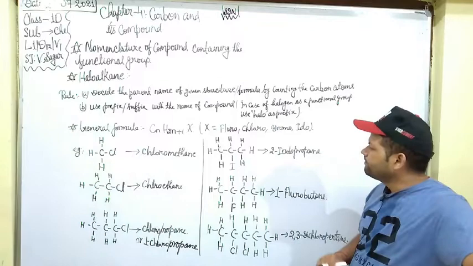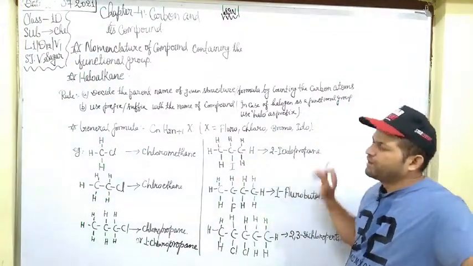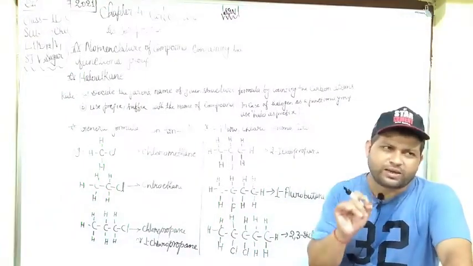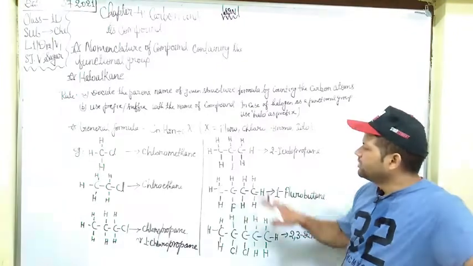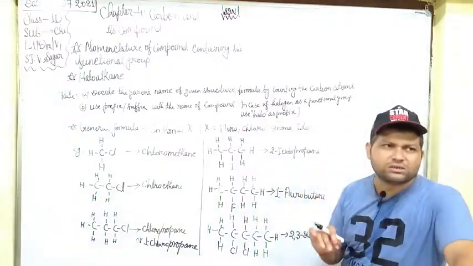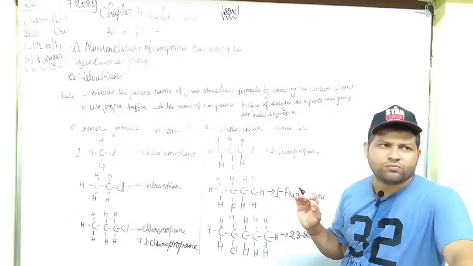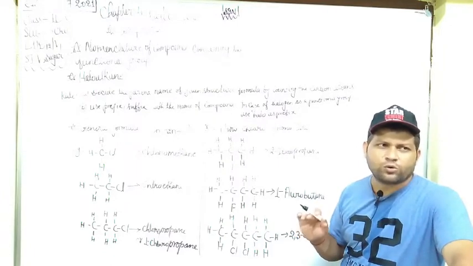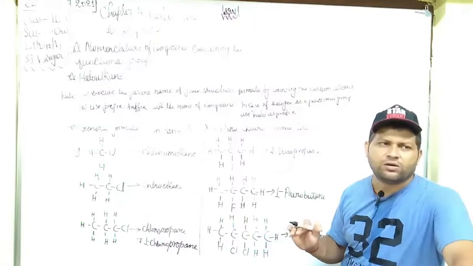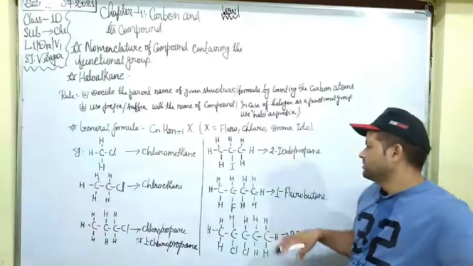That's why its name will be 2-iodopropane, because the root word is propane. Understand it clearly. Once you have understood it, I hope you will face no difficulties further in writing the name of any given organic compound.